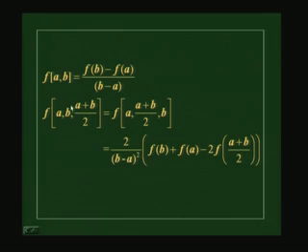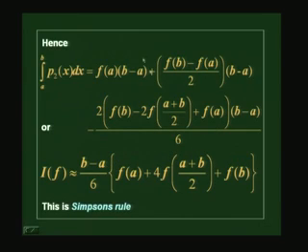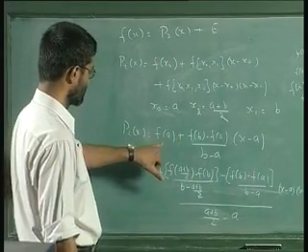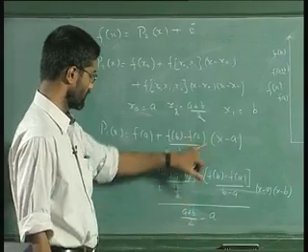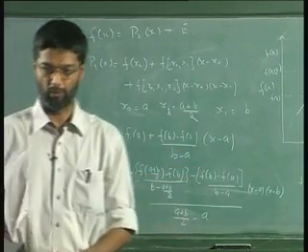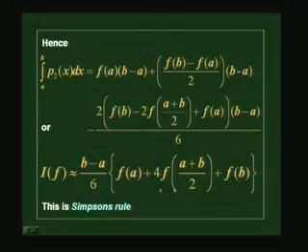So the answer we get from P2 of x would be (b minus a) by 6 into f of a plus 4 f of (a plus b) by 2 plus f of b, basically just the integral of all of this. If I do the integral of this between the limits a to b, then I would obtain a formula of this form.